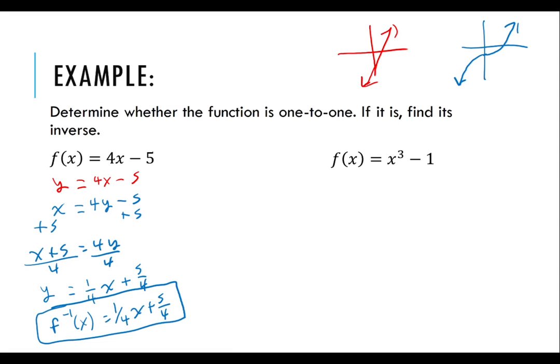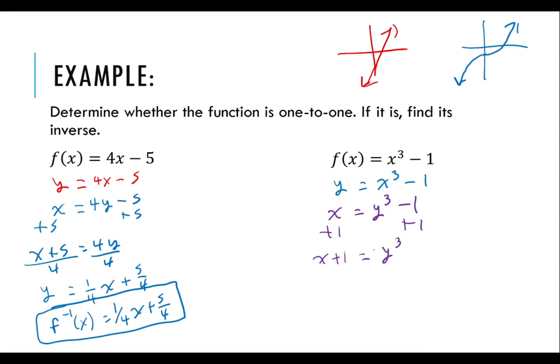So then we can find its inverse, which we write as y = x cubed - 1. Then we just exchange x's with y's, so x = y cubed - 1. Then we solve for y. Add 1: x + 1 = y cubed.